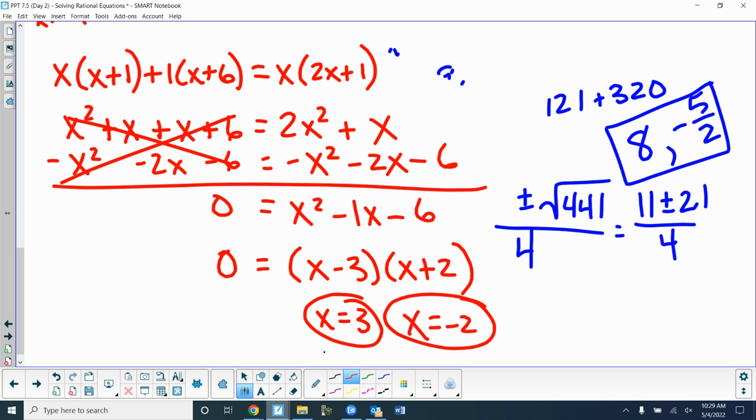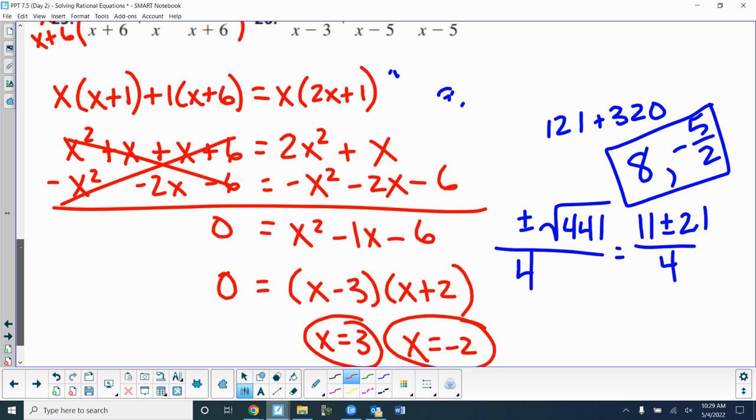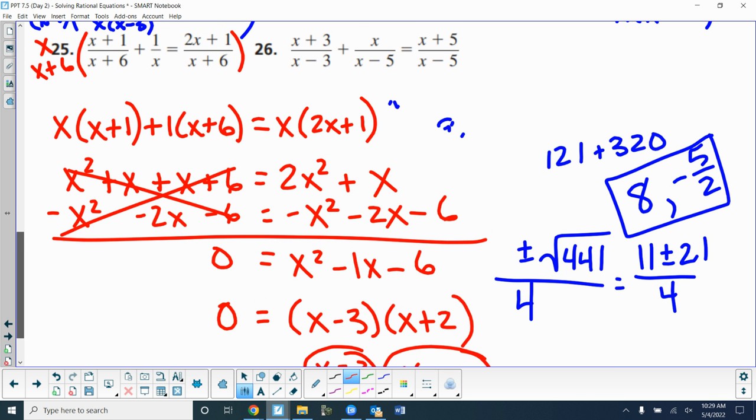Now we check it, okay? 3 plus 6 is 9. 3 is good. Negative 2 plus 6 is 4. Negative 2 is okay. So both of those are good. The only time they don't work when you check them is when you get a 0 in the bottom. Okay? Is that helping? Somewhat.